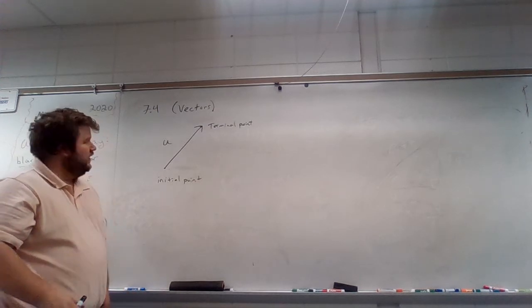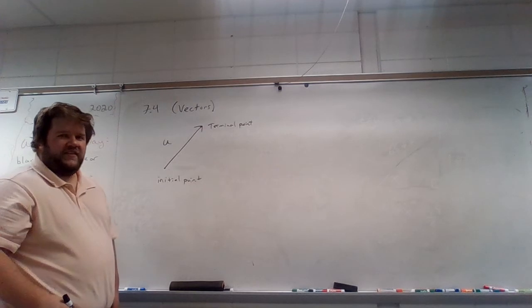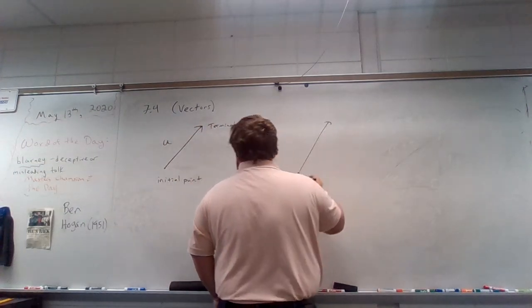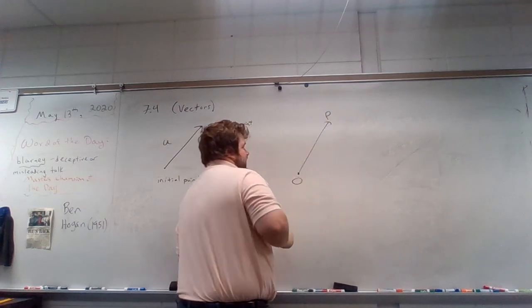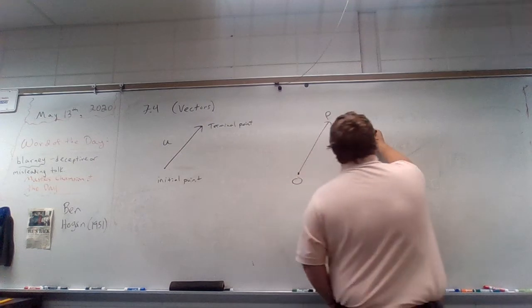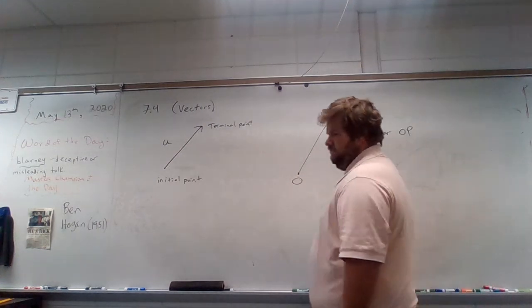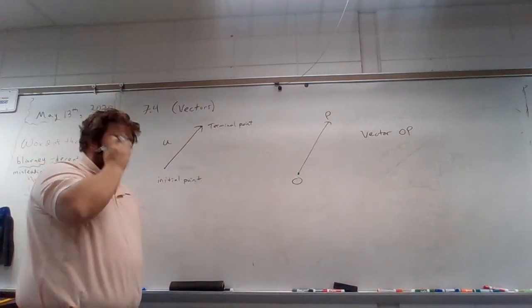Now, another way I could write out that vector u, if I actually have an initial point, let's say O and P, then this would be vector OP. You remember when we talked about a ray?